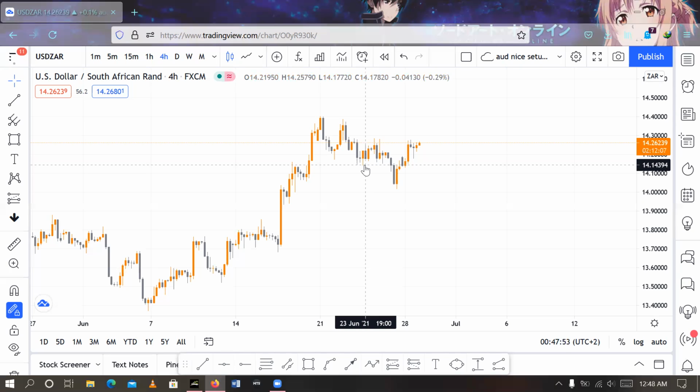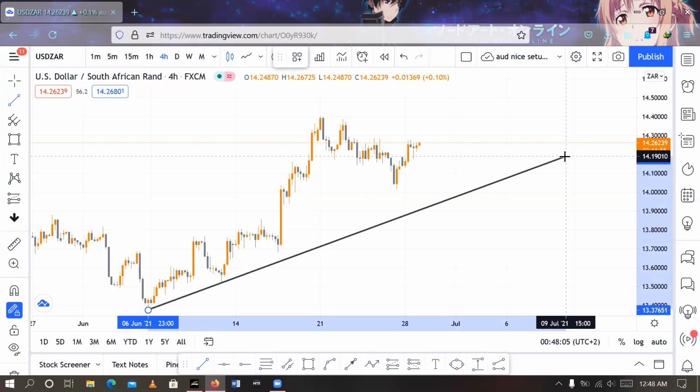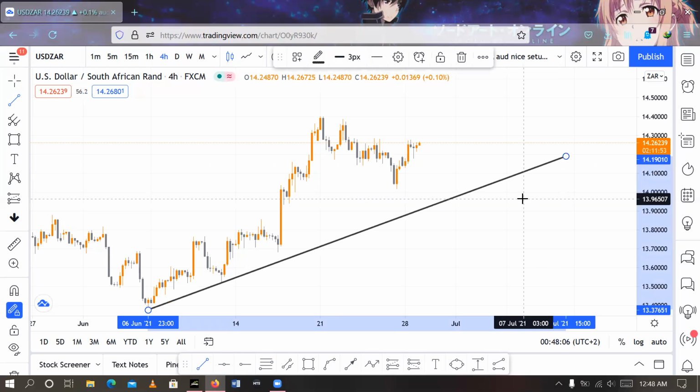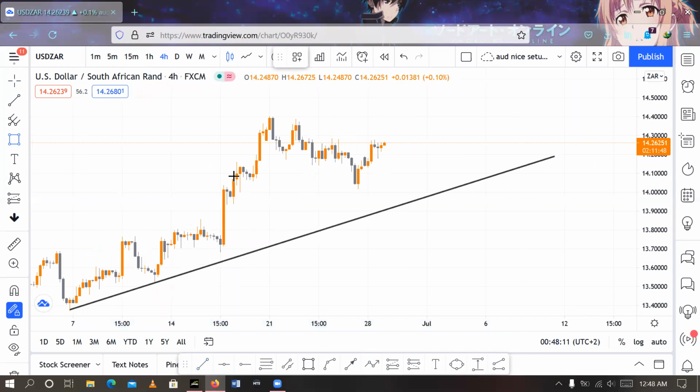What we had identified in our previous video was that the 4-hour structure was in an uptrend, right? Where we had also identified our most significant level being this level here.